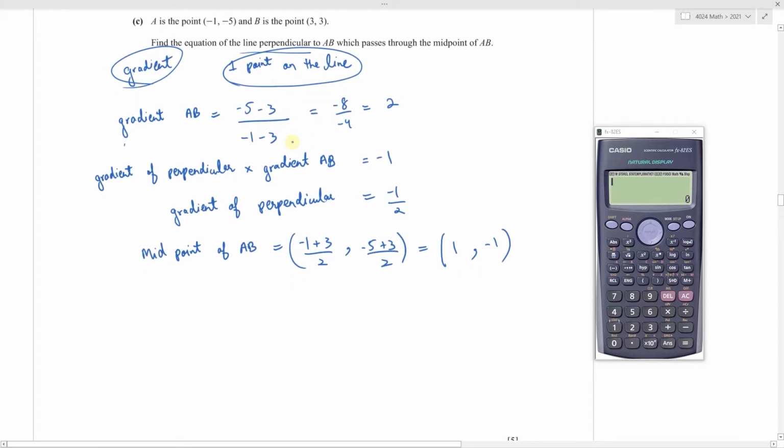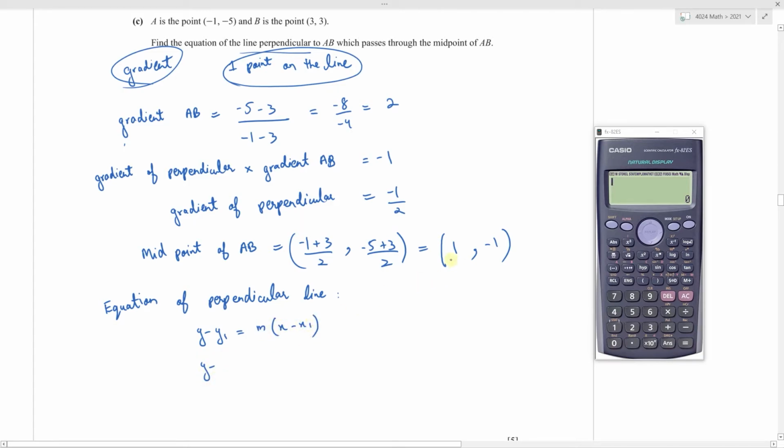So the equation of the perpendicular line will be given by y minus y1 equals gradient multiplied by x minus x1.